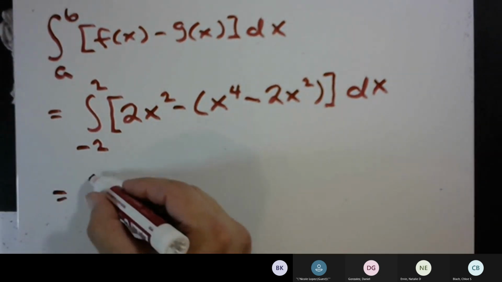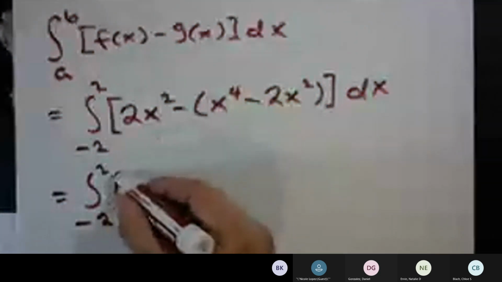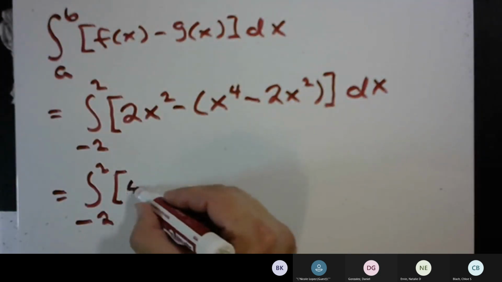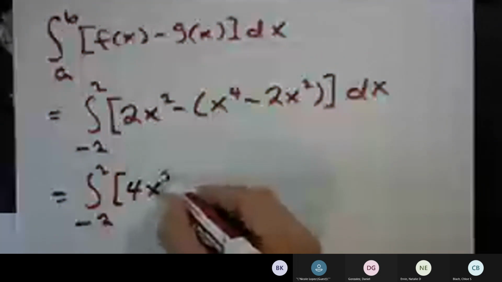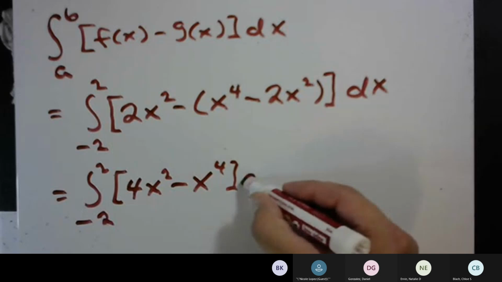This will simplify to the integral from -2 to 2, and we'll get 4x squared minus x to the 4th dx.